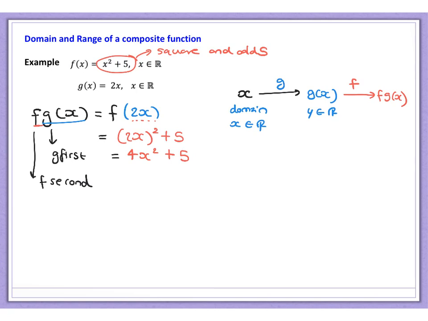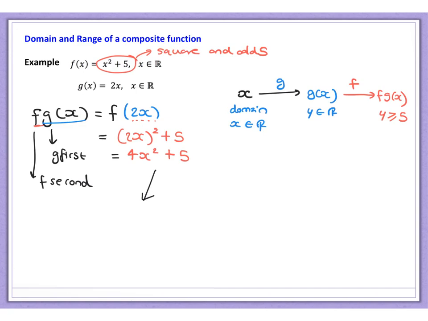And if we look at the function f, it's saying square your input and add 5. Well, that means that we're going to end up with y values which are greater than or equal to 5. And we can see this from the overall sketch diagram of the composite function as well.